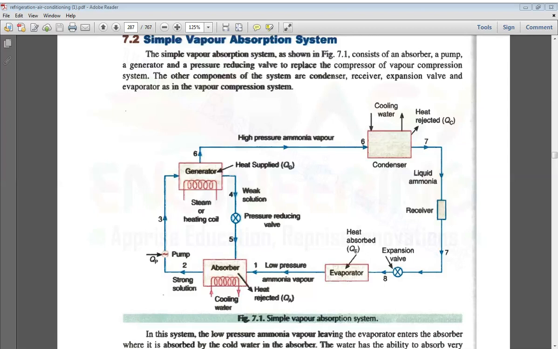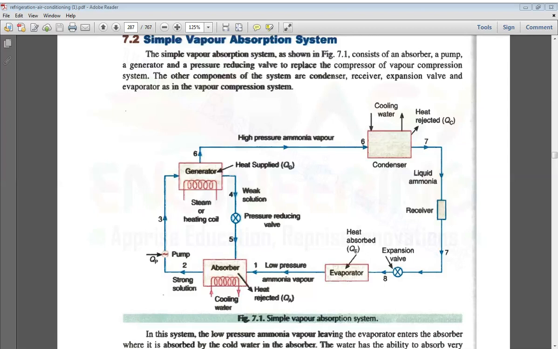In the generator, heat is supplied through waste heat, steam or heating coils. Here the ammonia in the strong solution is converted into pure, superheated vapor form.